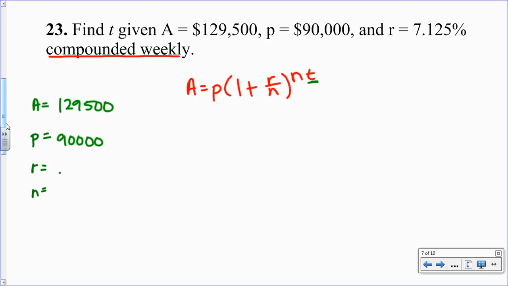R is 0.07125. And compounded weekly, that means N would be 52. So I'm putting all those in.